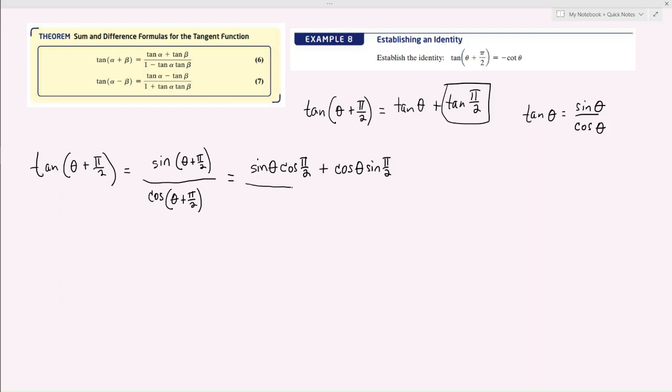Okay, and that takes care of the numerator. And in the denominator, we're going to take cosine of theta times the cosine of pi over 2. And remember, this is minus the sine of theta times the sine of pi over 2.